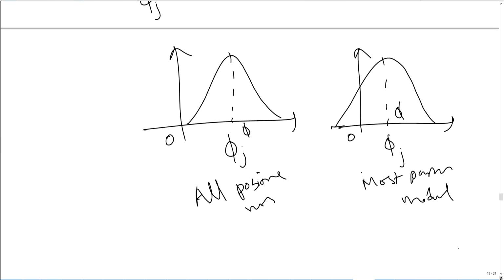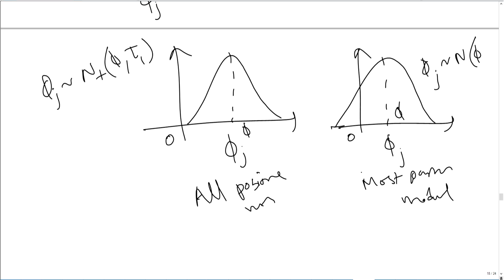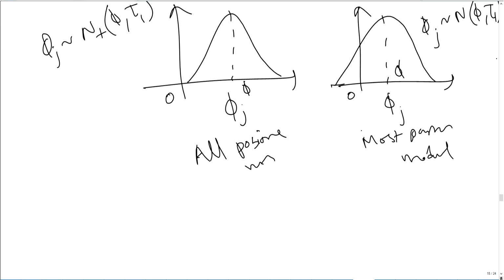Okay. How would we represent this? So, this would be phi j comes from normal, which is truncated at 0, phi and tau 1. This would be phi j comes from normal, phi tau 1. So, this allows some individual to have negative value, or you can more explicitly specify this.